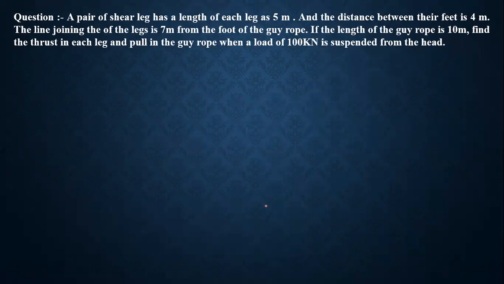Okay, so first we need to draw a figure. Obviously we have a three directional truss frame. So there are two shear legs. The distance between them is 4 meter, and each leg length is 5 meter, and a guy rope whose length is 10 meter.